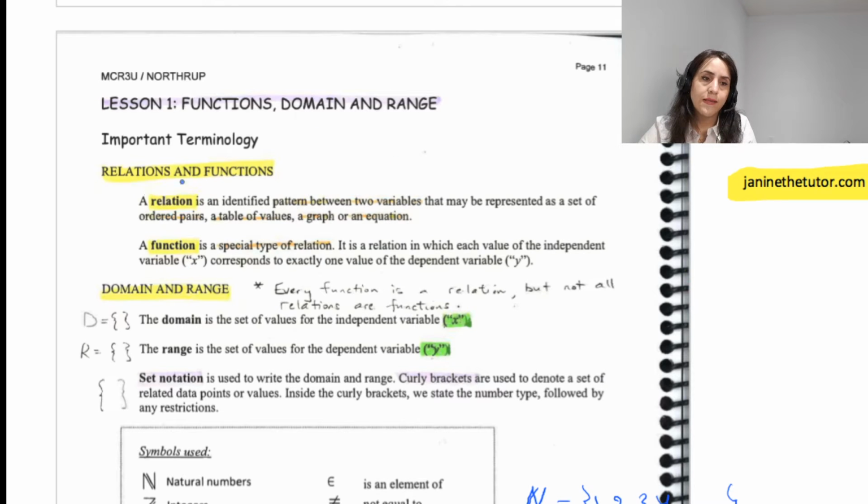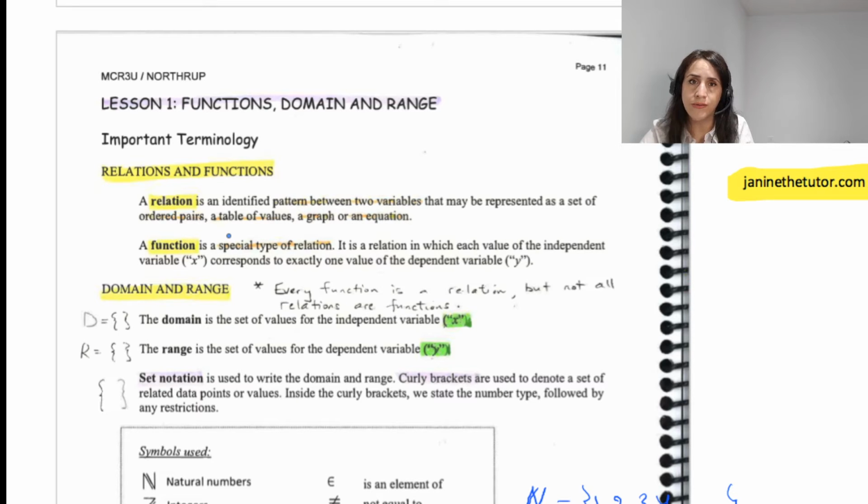The first thing that we are going to learn is relation and function. Until Grade 10, you didn't learn about functions. You learned about different types of equations and graphs, but they were just relations for you. Here we are going to talk about a relation and a function. A relation is an identified pattern between two variables.